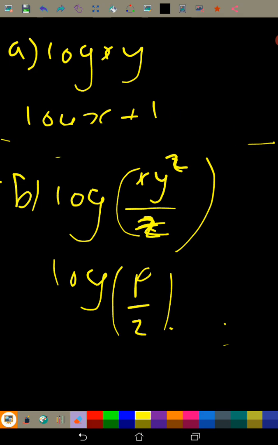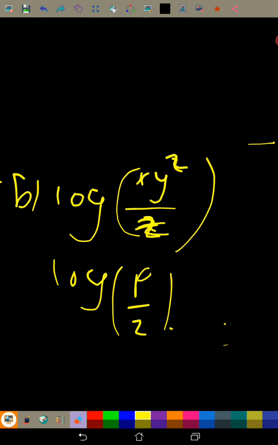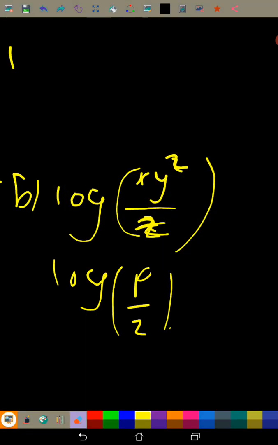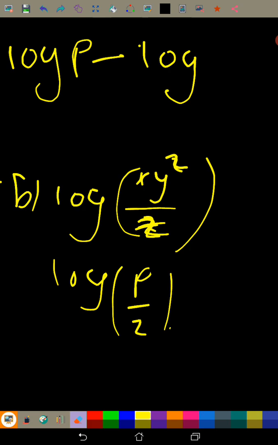So I have this, I will erase this. So what is going on here? So we have this. So this is easy. We know that log p minus log 2. Yes, this is good.